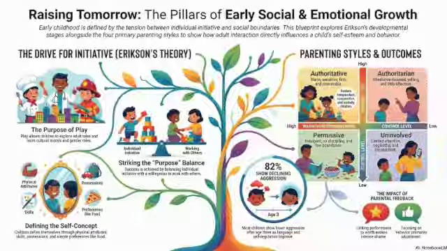Whereas parents from Europe and North America take a very different path. They focus heavily on the positive actions of the child after a misdeed has occurred. So strongly encouraging the child to apologize with the ultimate goal of promoting the child's autonomy and protecting their self-esteem. Right. It's two completely different cultural pathways to building a moral compass.